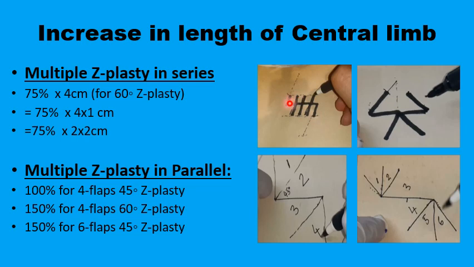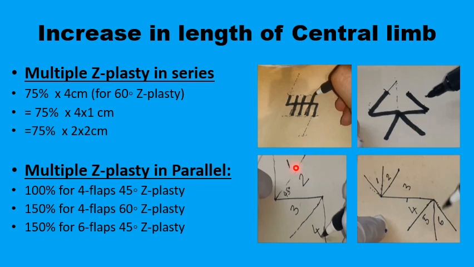Now, if you divide the central segment into 4 smaller units, each 1 centimeter in diameter, you end up having the same extra 3 centimeters, because 4 multiplied by 4 smaller 1 centimeter Z-plasties multiplied by the 75% would also give you the same amount of extension. And the same applies if you have a 2 centimeters here and a 2 centimeters there for the opposing version of the multiple Z-plasties in series.